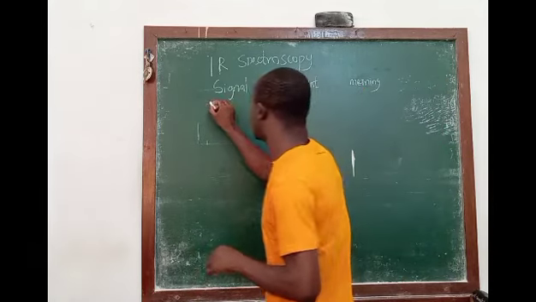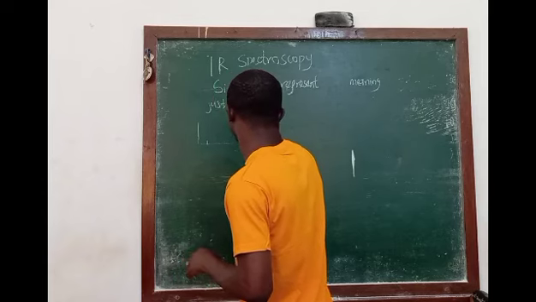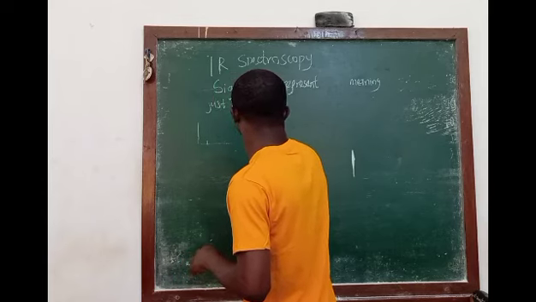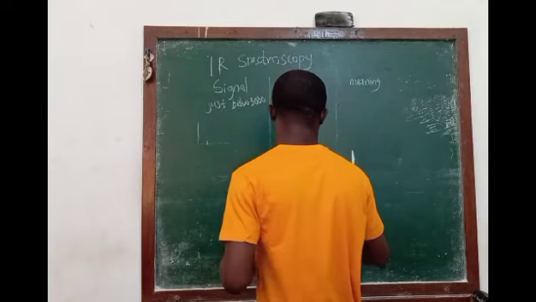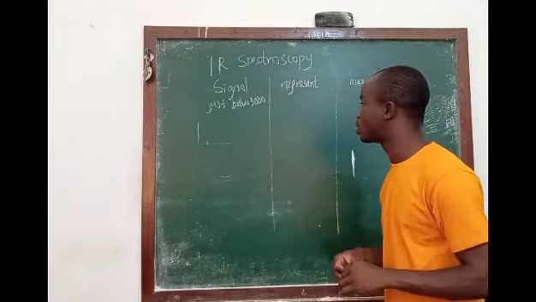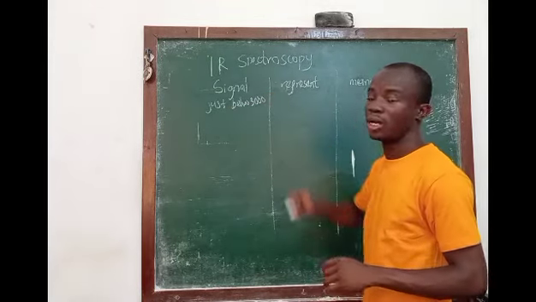If you have a signal just below 3,000, what does it represent?